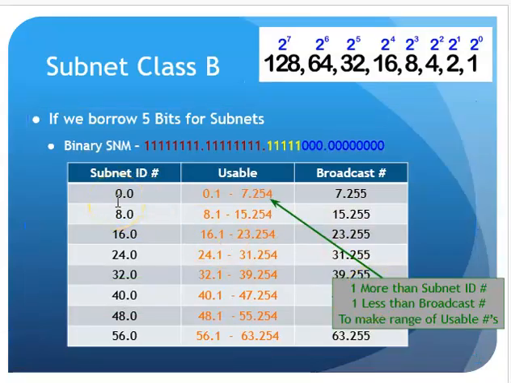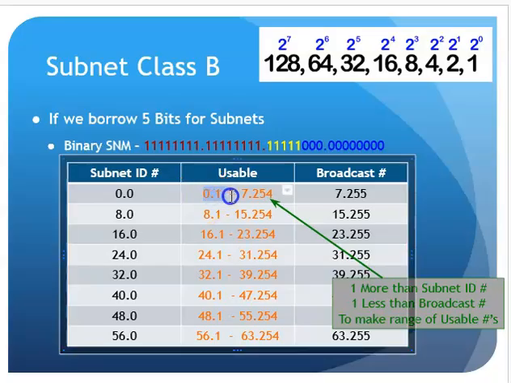So think about when you're driving a car. As you're driving down the road, the odometer starts increasing. And on your odometer, that far right number is the one that's increasing as you drive. So when I want the first usable, I'm going to do 0.1, 8.1.